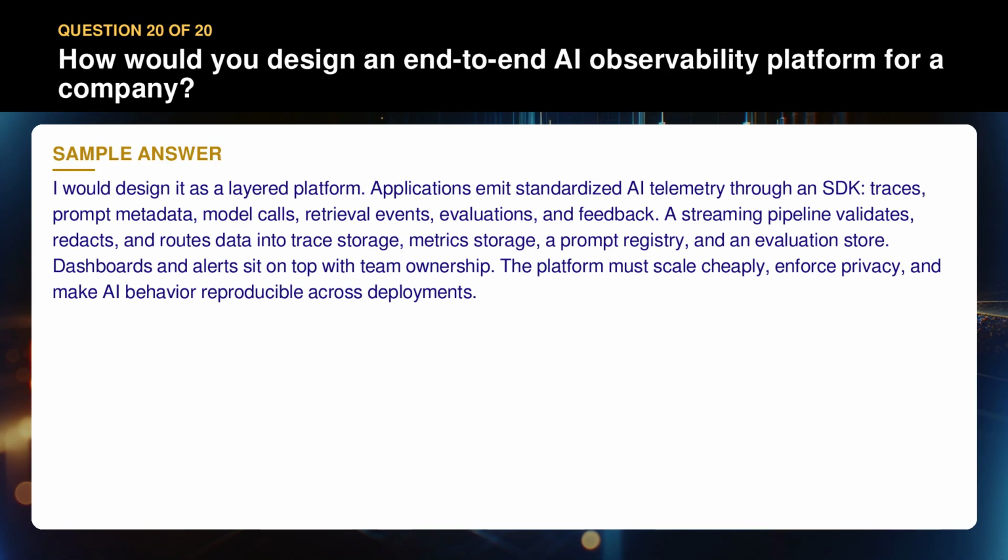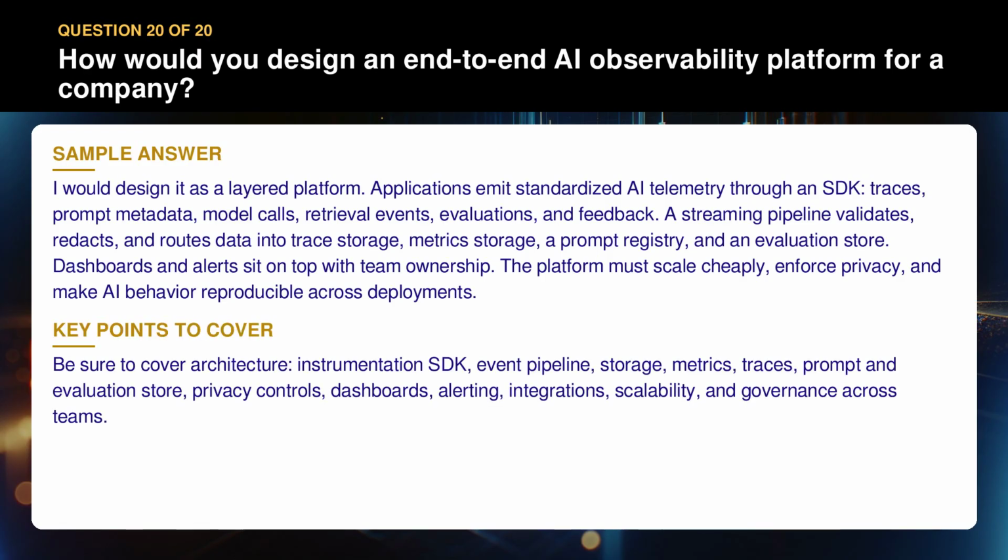The platform must scale cheaply, enforce privacy, and make AI behavior reproducible across deployments. Be sure to cover architecture, instrumentation SDK, event pipeline, storage, metrics, traces, prompt and evaluation store, privacy controls, dashboards, alerting, integrations, scalability, and governance across teams.